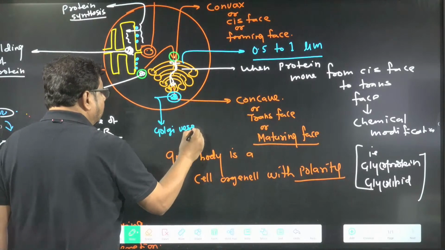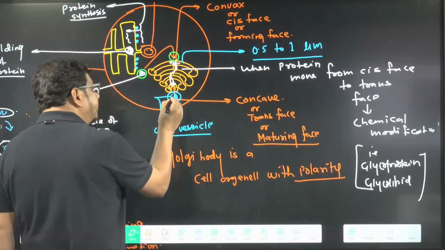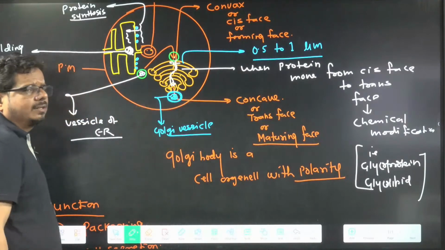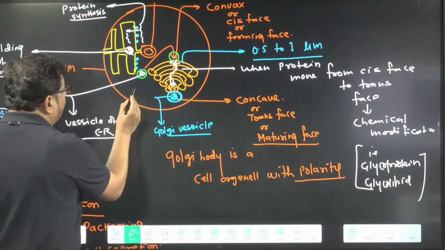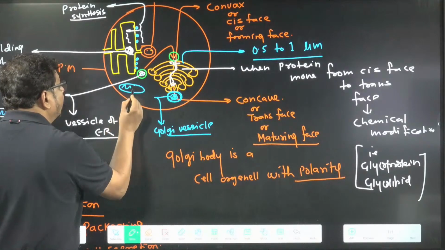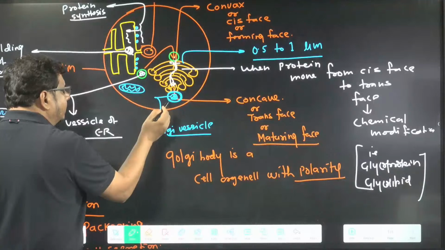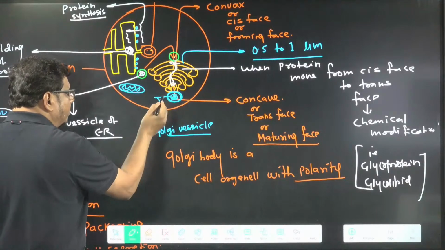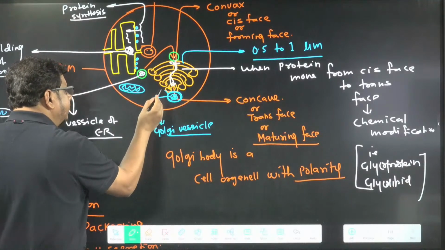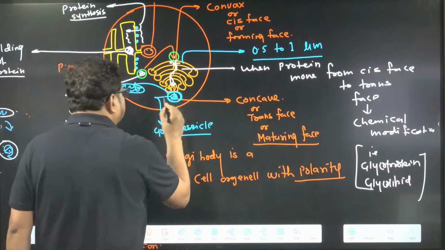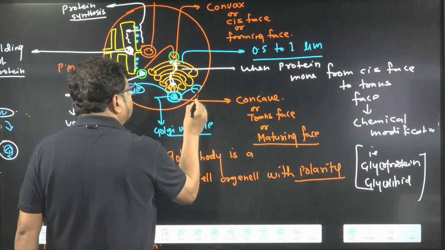They are packing in the Golgi vesicle, and now the Golgi vesicle transports this packed, chemically modified protein or lipid either to an intracellular target or to an extracellular target.